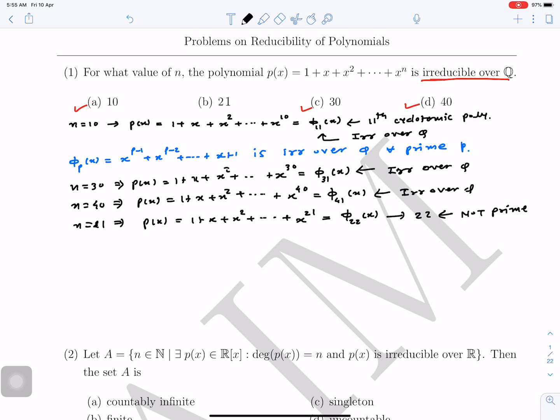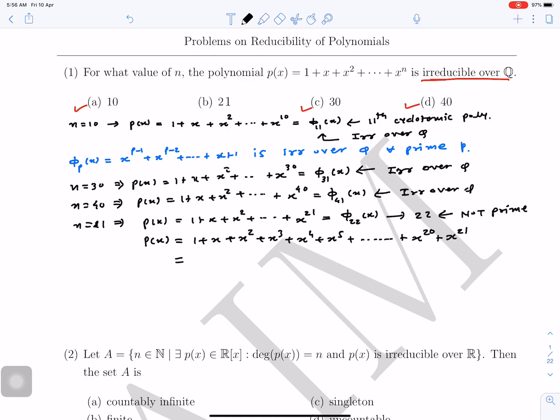But in this case let us write p(x) as 1 + x + x² + x³ + x⁴ + x⁵ + and so on up to x^20 + x^21. So in this polynomial there are a total of 22 terms. See, x to x^21 there are 21 and 1 is the 22nd. So there are 22 terms.